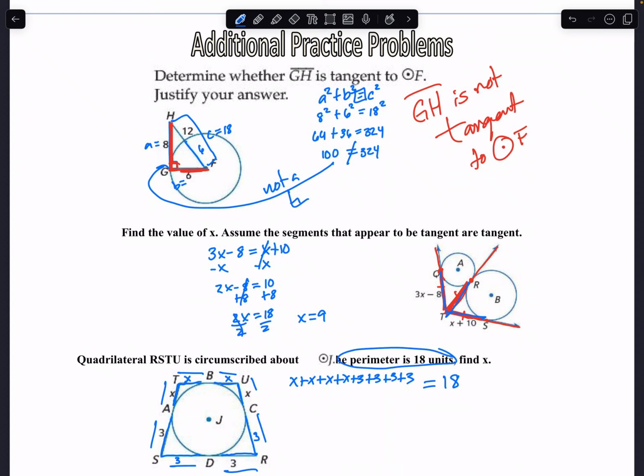So x plus x plus x plus x gives me 4x. 3 plus 3 plus 3 plus 3 gives me 12. And that should be 18 total. Subtract 12 on both sides. 4x is going to equal 6. Divide both sides by 4. And x equals 3 halves, or 1.5.